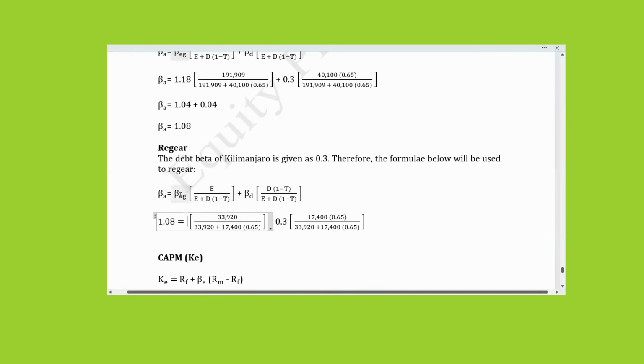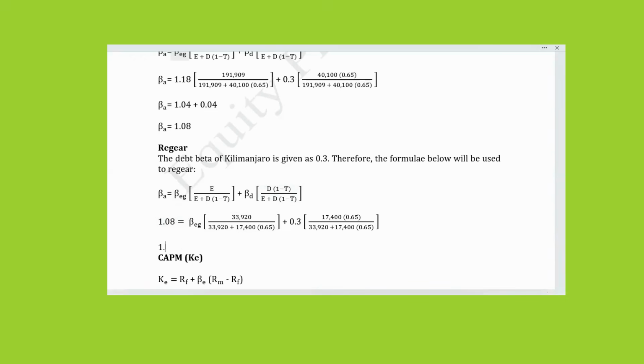We don't know the BEG, that's unknown. Therefore, 1.08 equals BEG times 0.75, right?